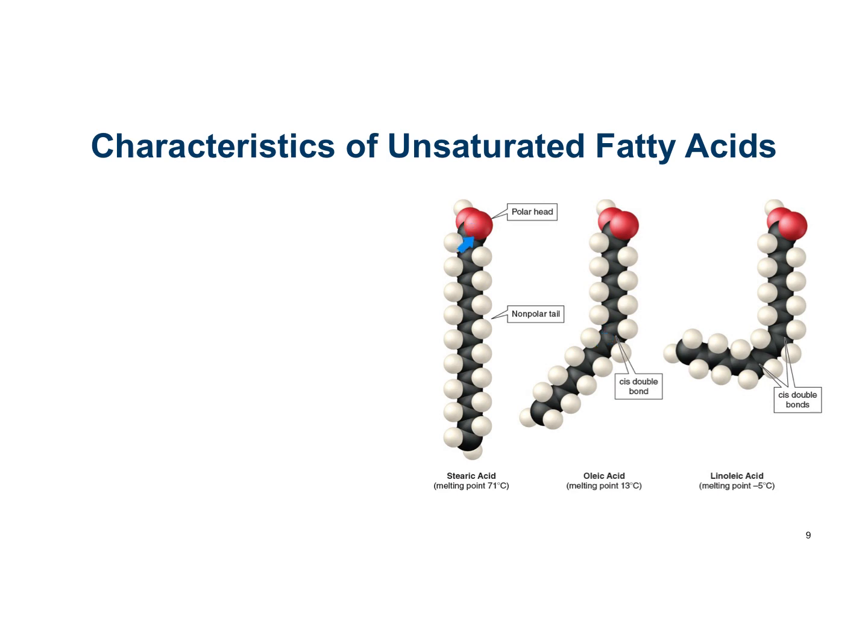So if you look here, this is a saturated fatty acid. It has a long nonpolar tail. It's all single bonds. This is an unsaturated fatty acid, and we have a double bond here, and it forms, right, kind of this U shape here. And then linoleic acid has two double bonds, and the U shape is even more pronounced here.